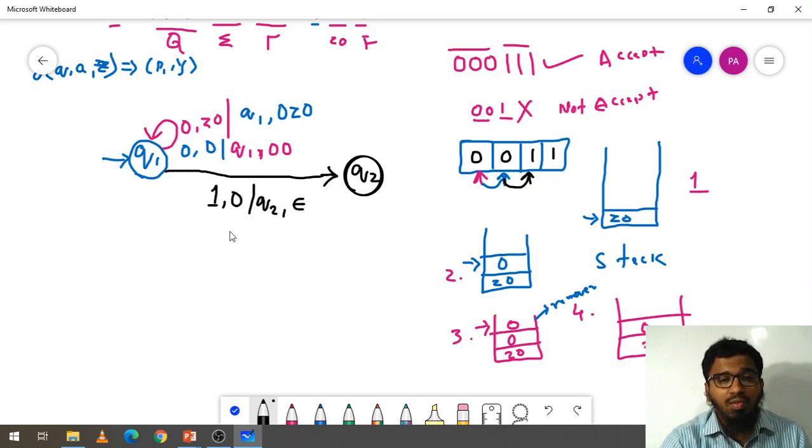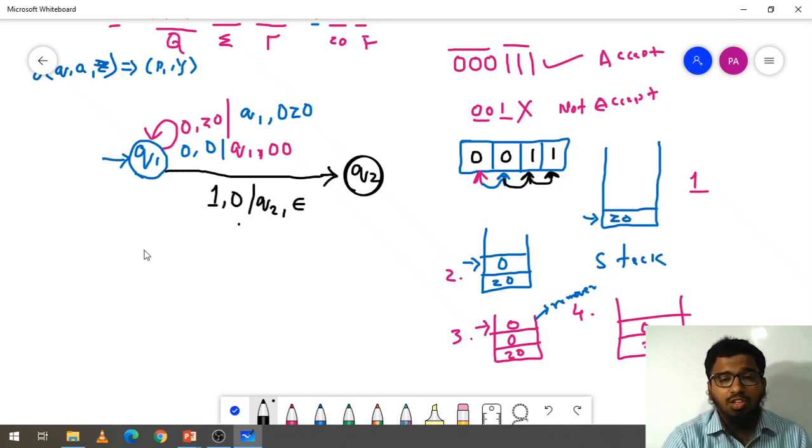Whenever we have this, it goes to Q2 on epsilon. When we are popping, that is epsilon. So clear. Next, the pointer is moving to the next one.